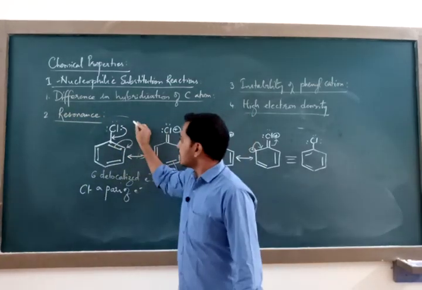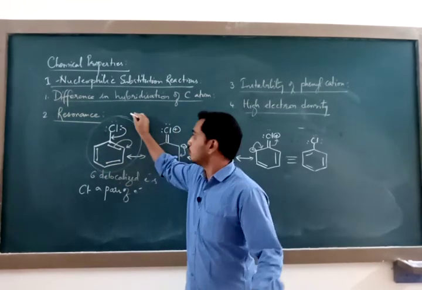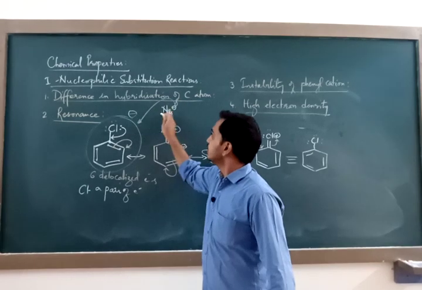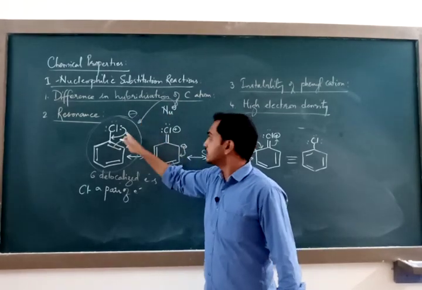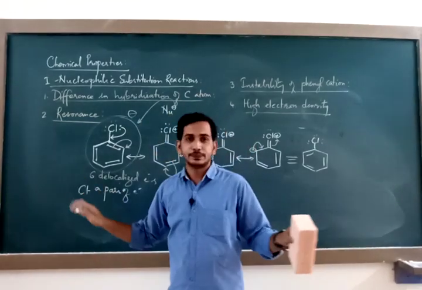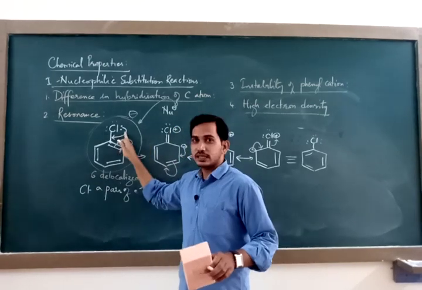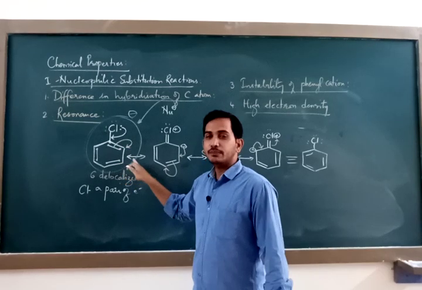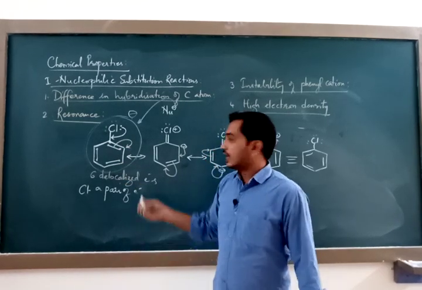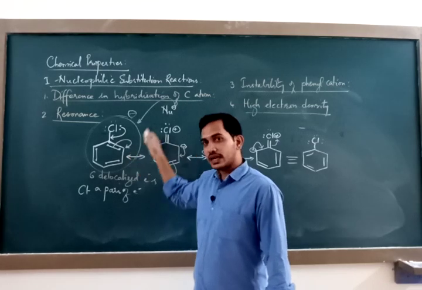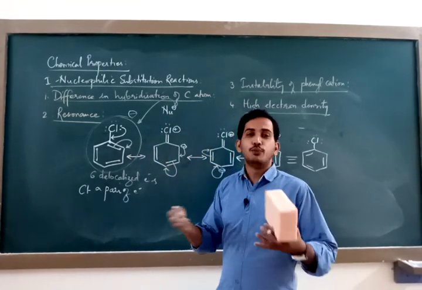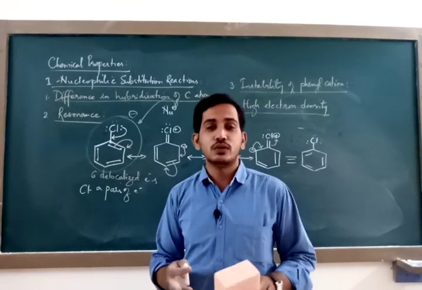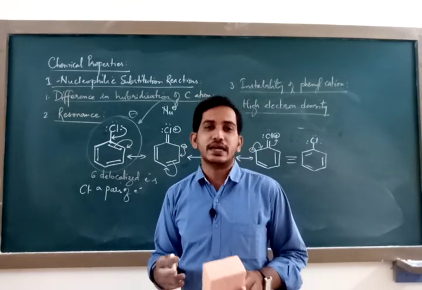If there is negative charge, and you have a nucleophile which wants to attack here, negative charge and negative charge means their electron clouds will repel each other. Because both carry the same charges, the incoming nucleophile cannot attack the benzene ring because of high electron density. The electron cloud of the benzene ring as well as the electron cloud of the nucleophile both will repel each other, making it difficult to undergo nucleophilic substitution reactions.